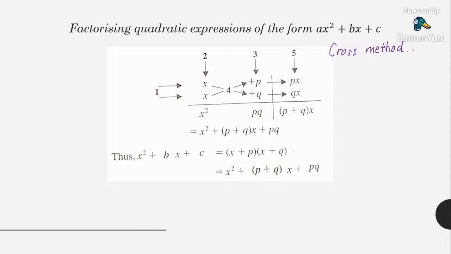Or else, if they give you a situation and never mention anything, they only say factorize or solve the quadratic equation, then you can actually use your calculator directly. But you must make sure that you can do this method. You can use your calculator in the exam, but you must learn all these factorization methods as well.